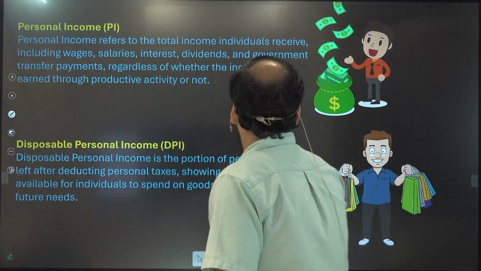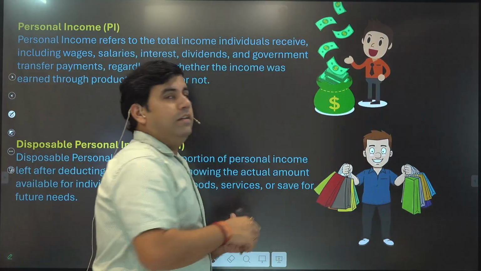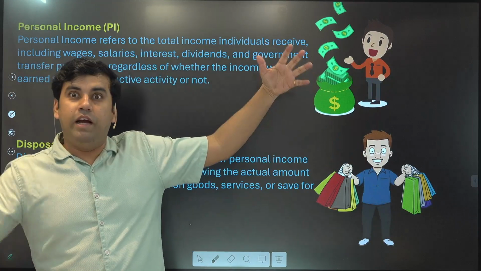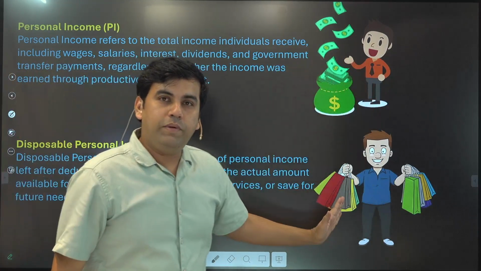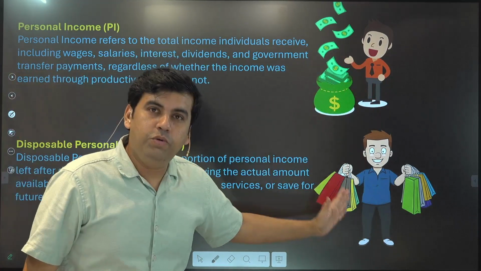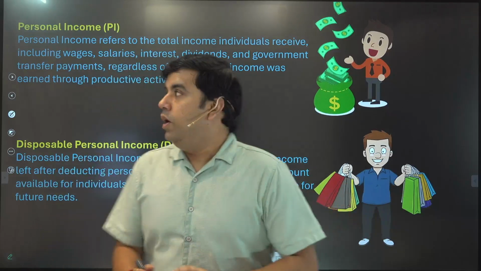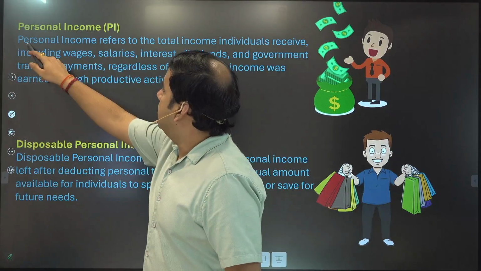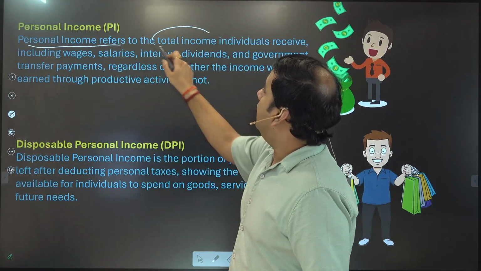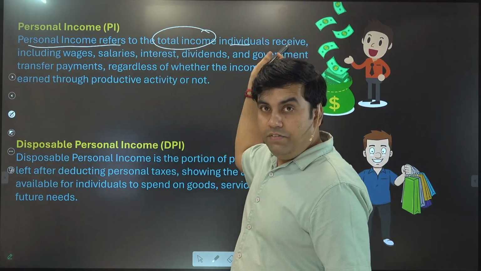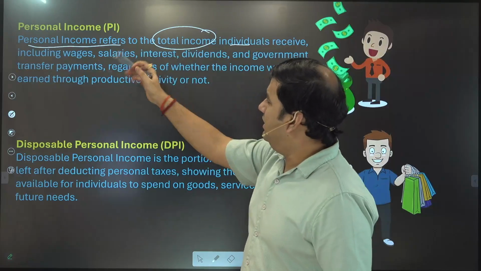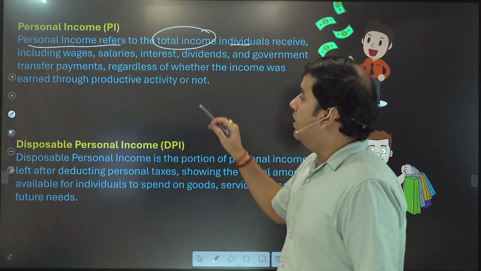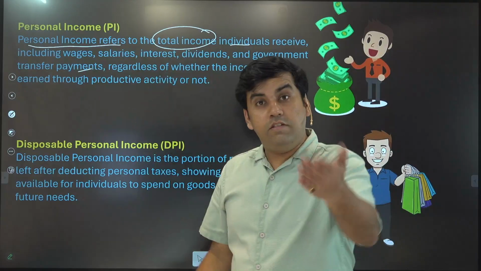So again, personal income, he's very happy to have personal income. He has earned a lot. Disposable income is the one that you can actually use for consumption. Personal income refers to the total income an individual receives in whatever way: wages, interest, transfer payments, scholarship and other things.